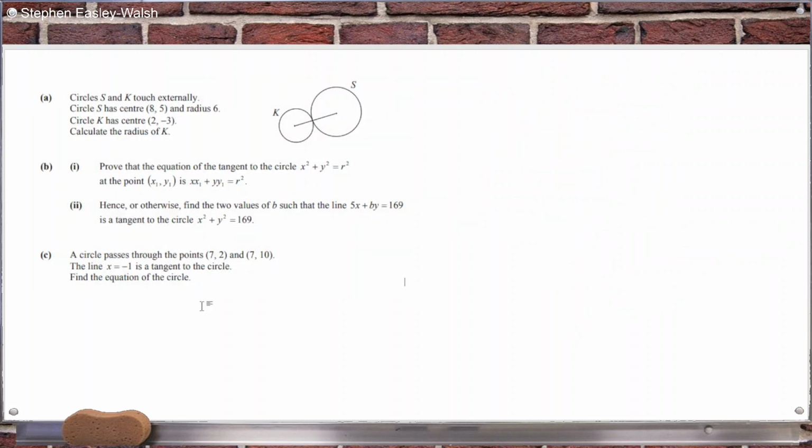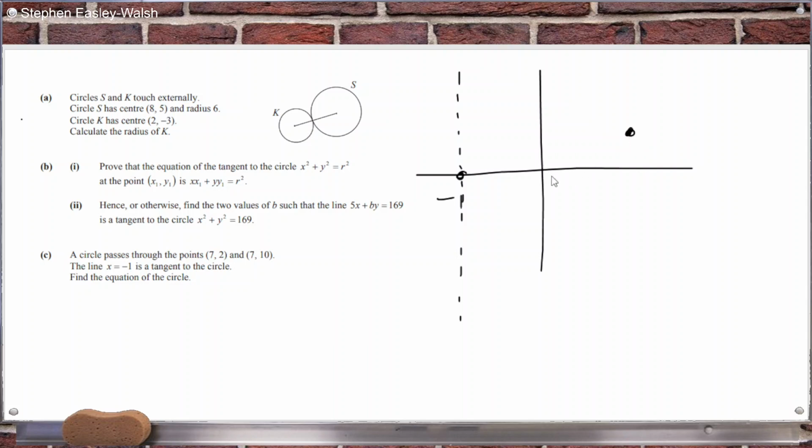Okay. A circle passes through that point and the line x equals minus 1 is a tangent. Find the equation of the circle. Alright, let's draw that now. So x equals minus 1 is a tangent line, and then the points (7, 2) and (7, 10). Oh, sorry, I've drawn it on the wrong side. (7, 2) and (7, 10).